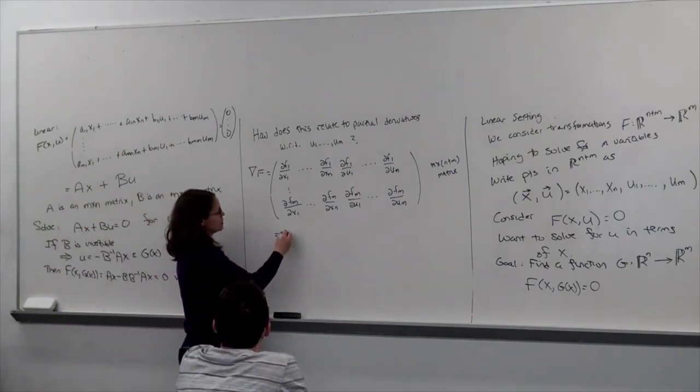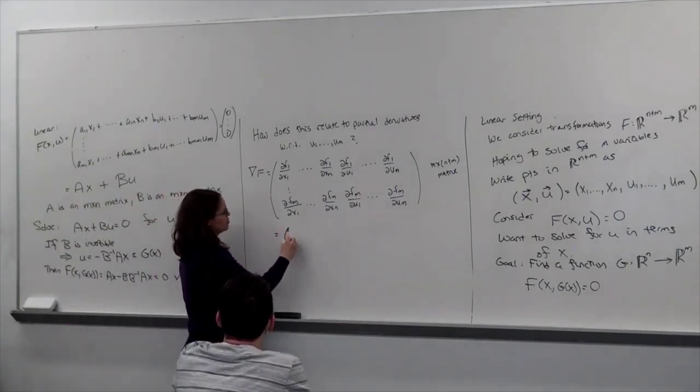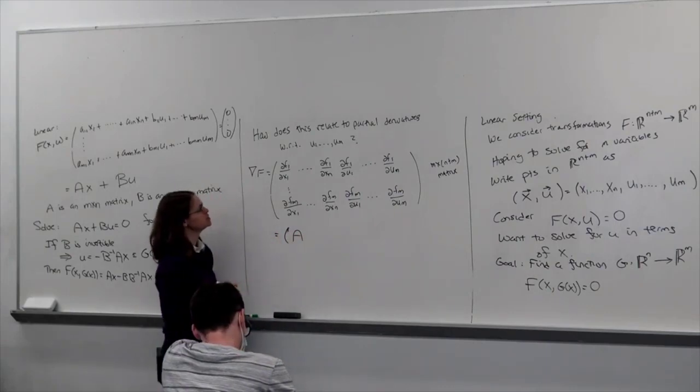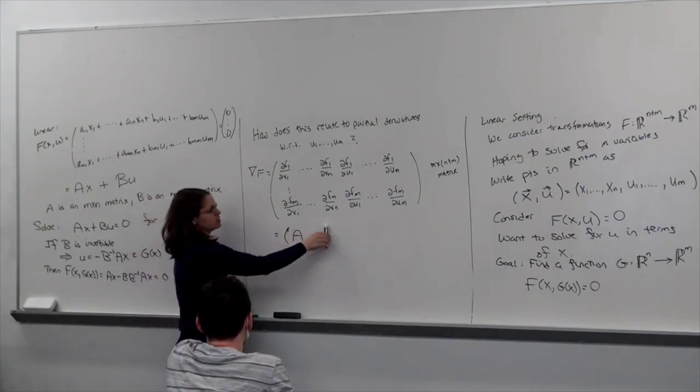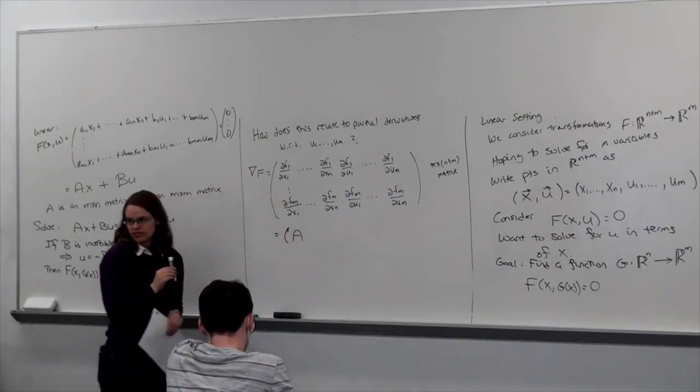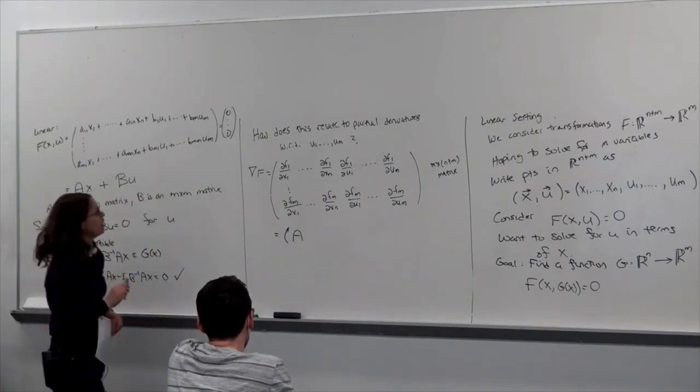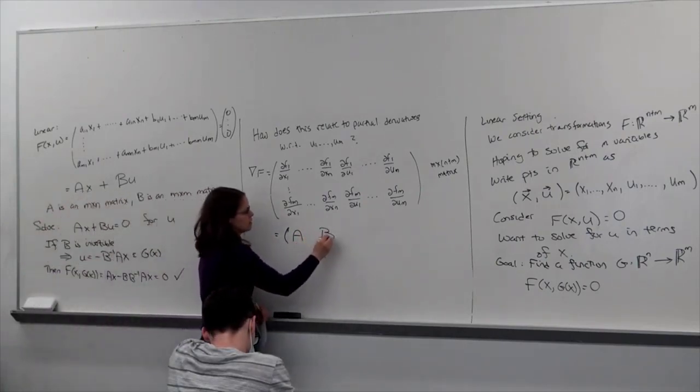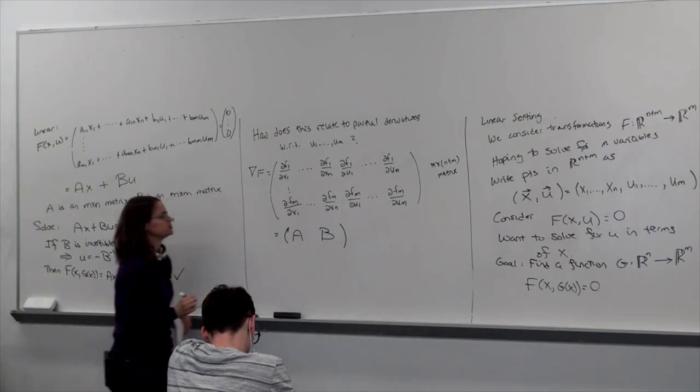So I might write this in sort of a block form as, well, the first n columns are precisely the n columns of my A matrix, and the next columns are the columns of my B matrix.